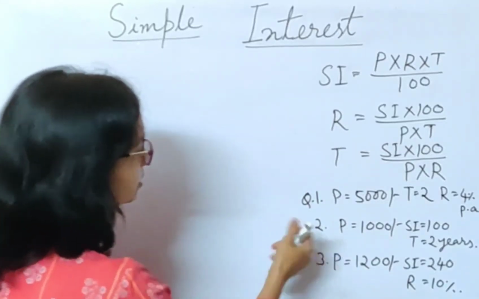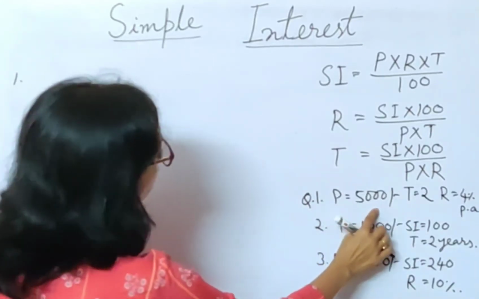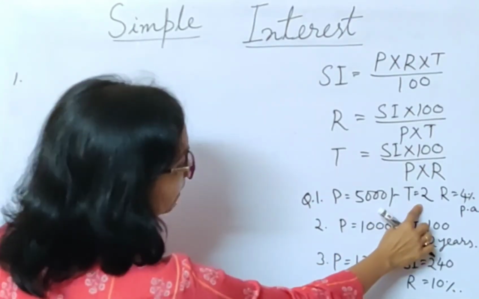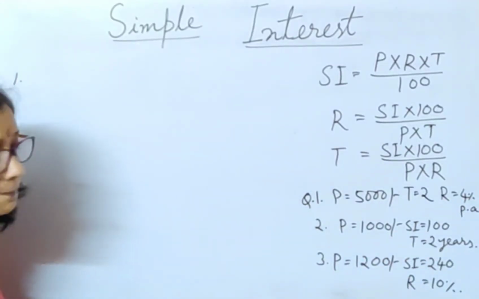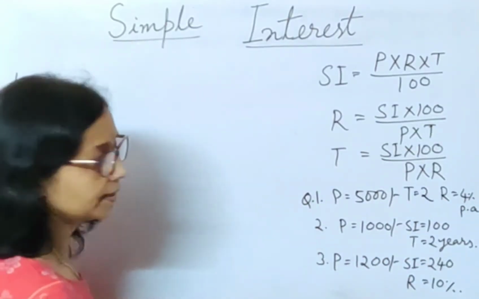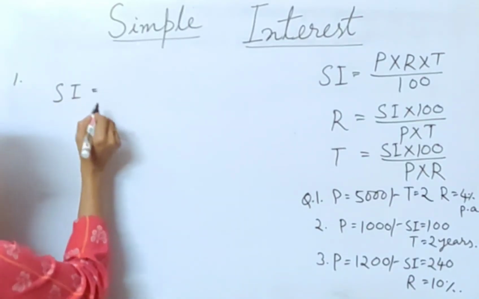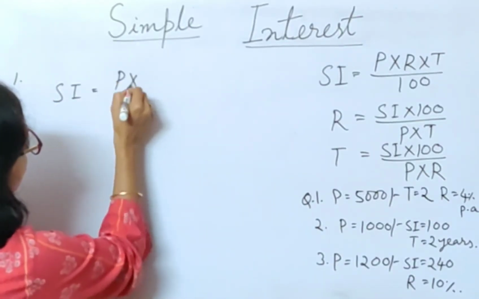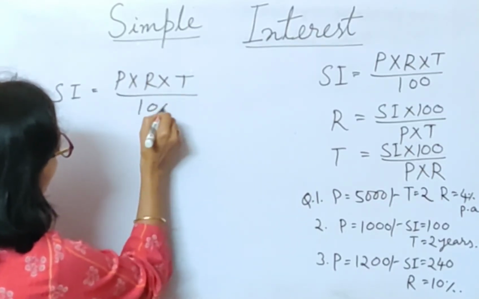So let us take the first question. When principal is 5,000, time period is 2 years and rate of interest is 4% per annum, what is the simple interest? So we are finding simple interest. We will write this formula: principal into rate of interest into time, divided by 100.